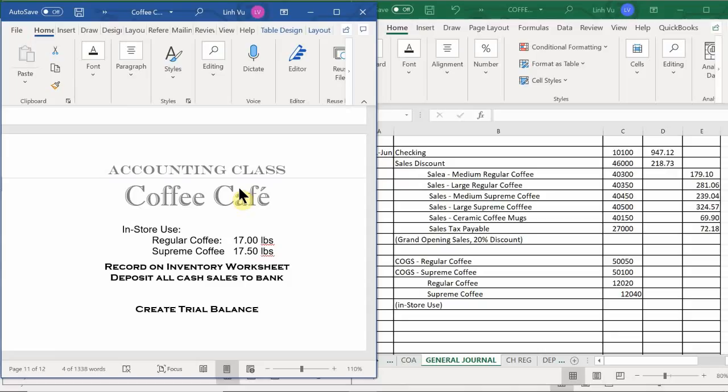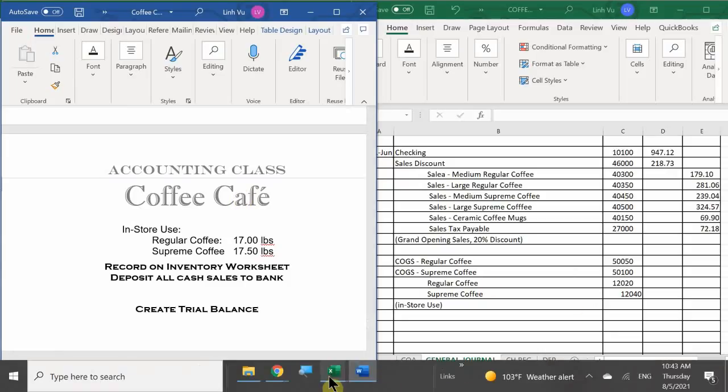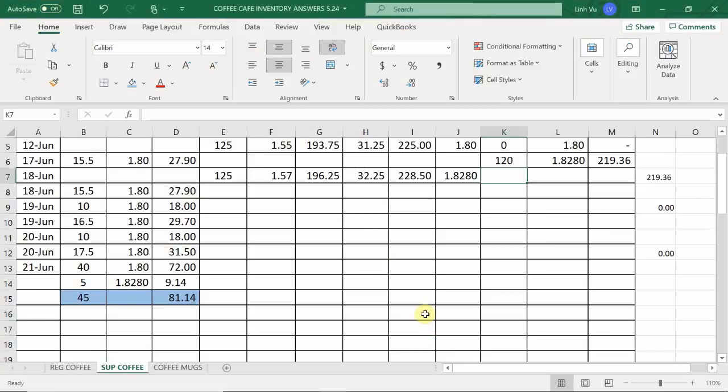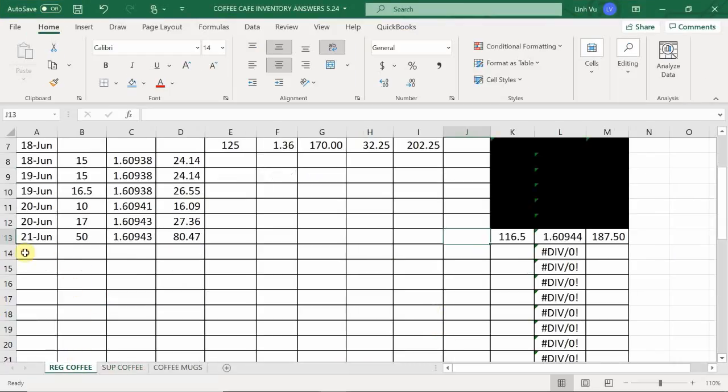So there, we got it. Let's do the inventory worksheet. So 17 pounds of the regular, 17 and a half of the Supreme. We did 17 pounds.